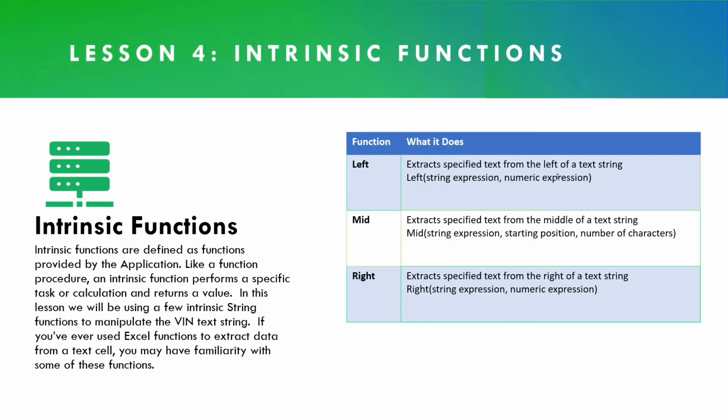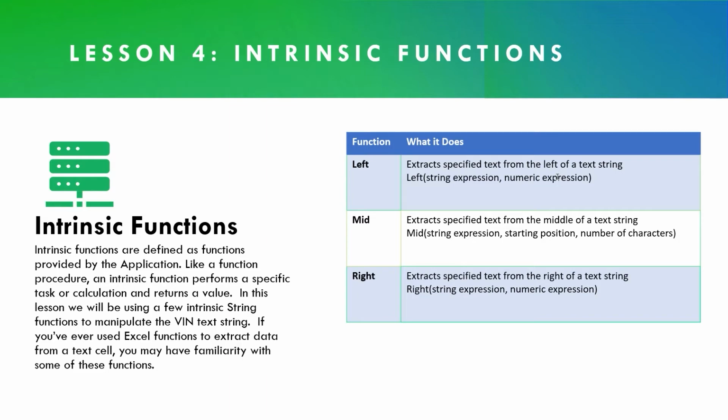Now that we have our 6 procedure level string variables declared, and again, they're only going to be available to the procedure within which they're declared, we are going to look at building intrinsic functions. So by definition, they're functions that are provided by the application.